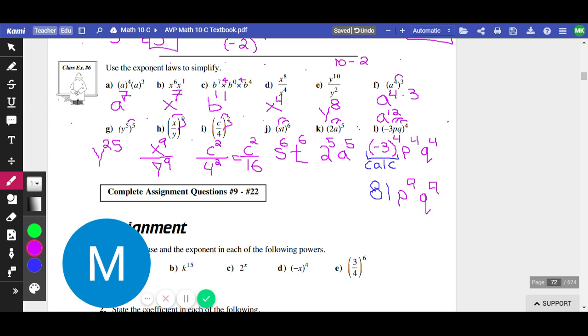Those are both 4s, not that. It'd be nice if I could erase nicely, but we can't do that either. Awesome. Feeling good? Beautiful.